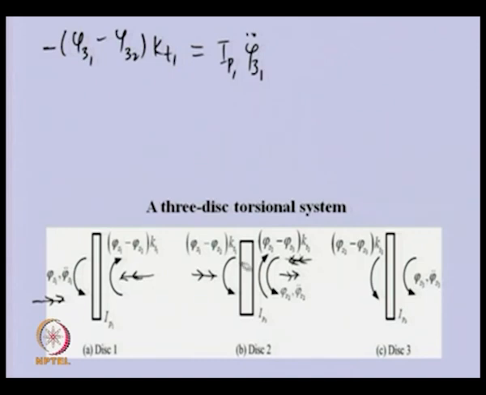So basically in this second disc we have this one torque and this another torque which are acting. These are external torques. So we can obtain the equation of motion for the second disc like this. This is from this particular moment, which is in the direction of the displacement, so positive. This is negative direction.